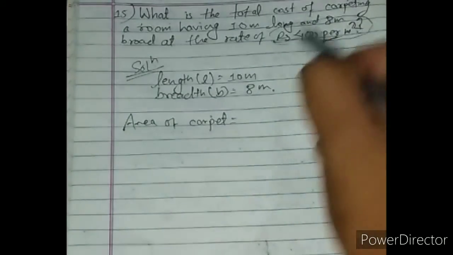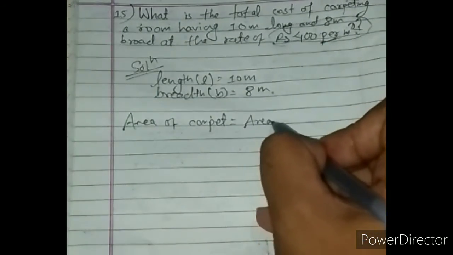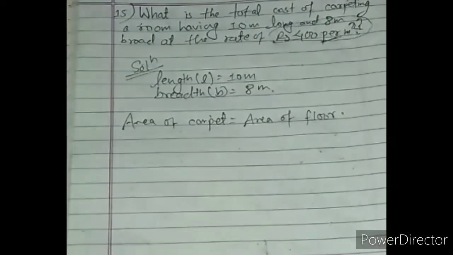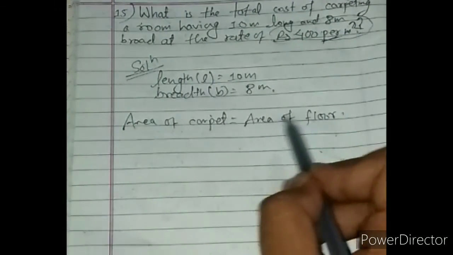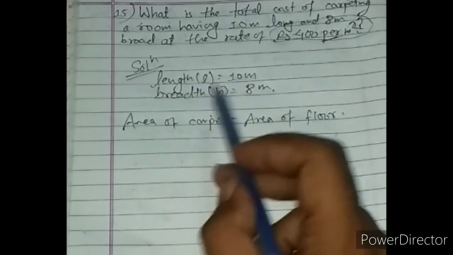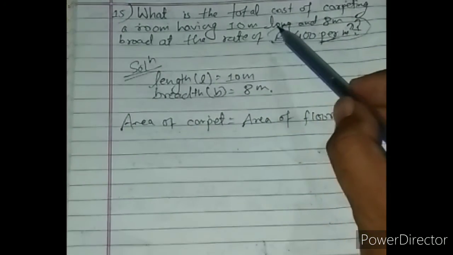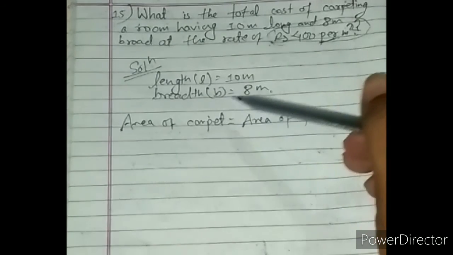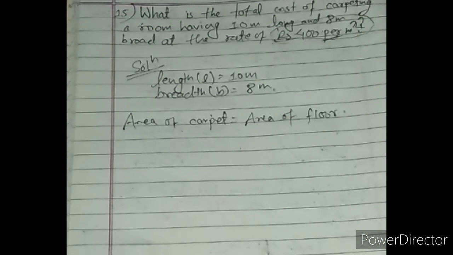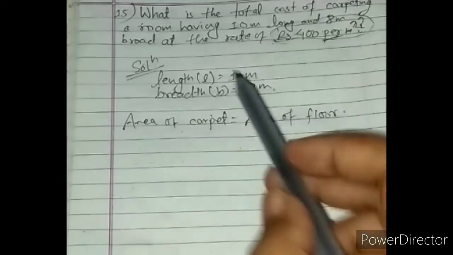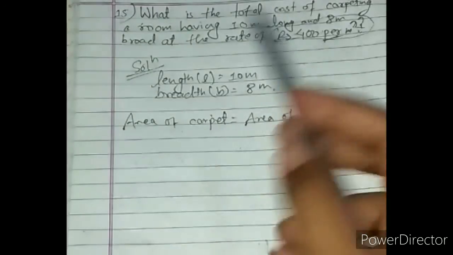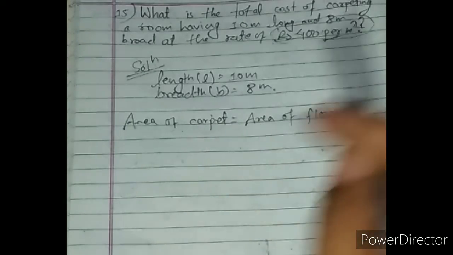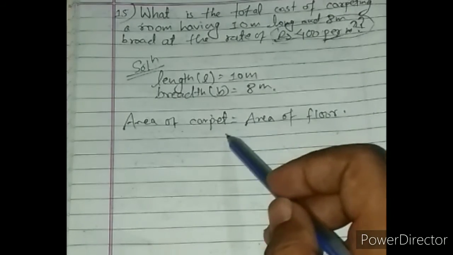Now area of carpet is area of room. Sorry, area of floor. Area of floor and area of carpet are same because carpet is put on the floor. Like if you have to find the cost of carpeting, then we require the floor's area because we put carpet on the floor.